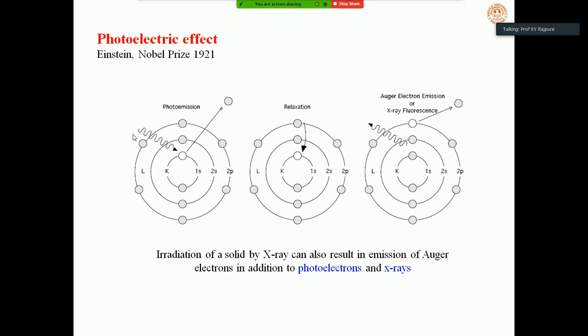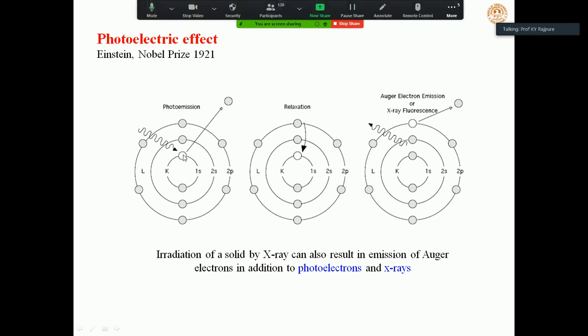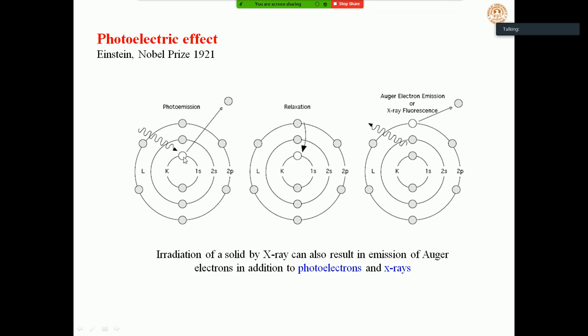When the X-rays have sufficiently high energy, they knock out the innermost electron, the 1s electron. Obviously, electrons from 2s, 2p and other orbitals can also be ejected. This is one representative, more probable example I have considered.